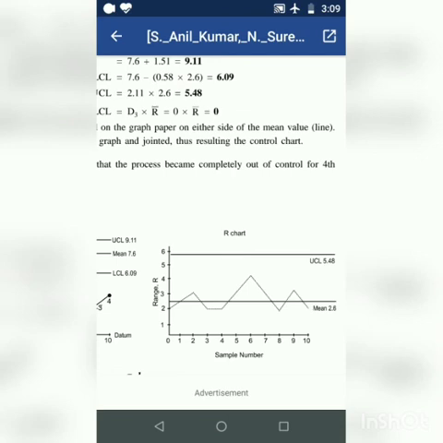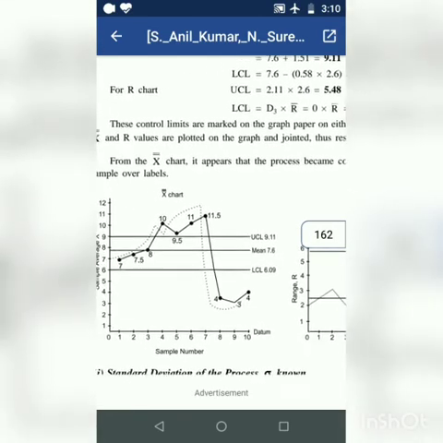If you learn to read these charts, it will help you determine whether the process is going well or there is some problem. Does it require any maintenance, or are there errors by human beings or errors due to machines. So I hope you have understood the advantages of the R chart and mean chart.